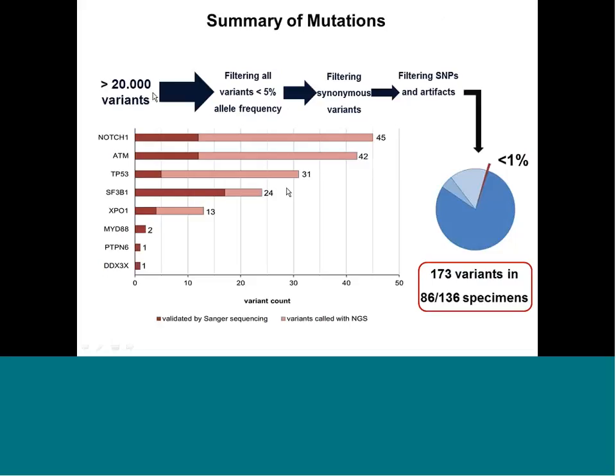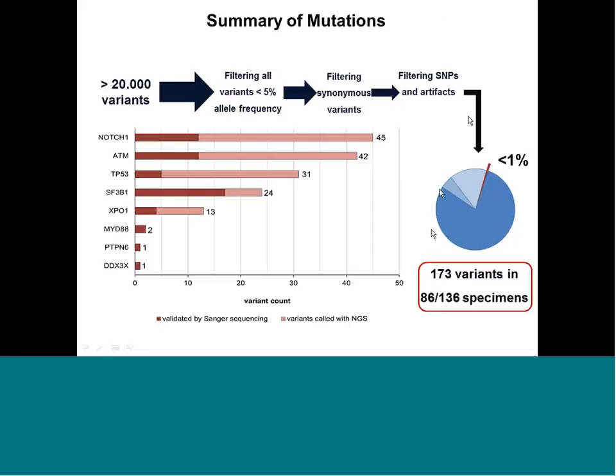We found in 136 patients more than 20,000 variants, which were filtered by informative frequencies. And then they were filtered to remove all synonymous, non-protein-changing variants. And then we filtered for the typical formalin artifacts and filtered out known SNPs.